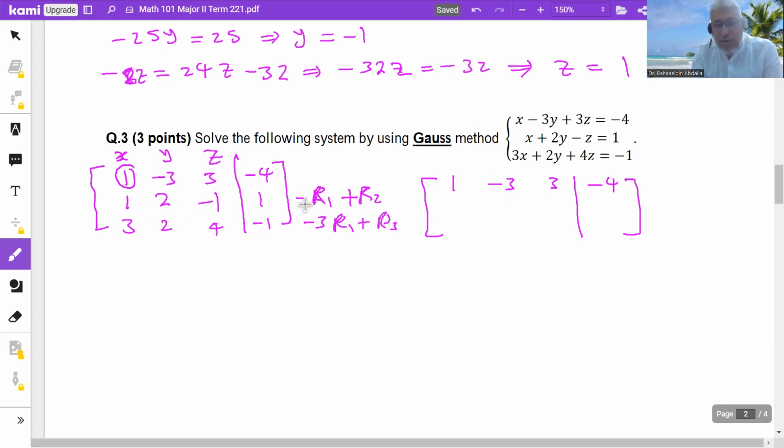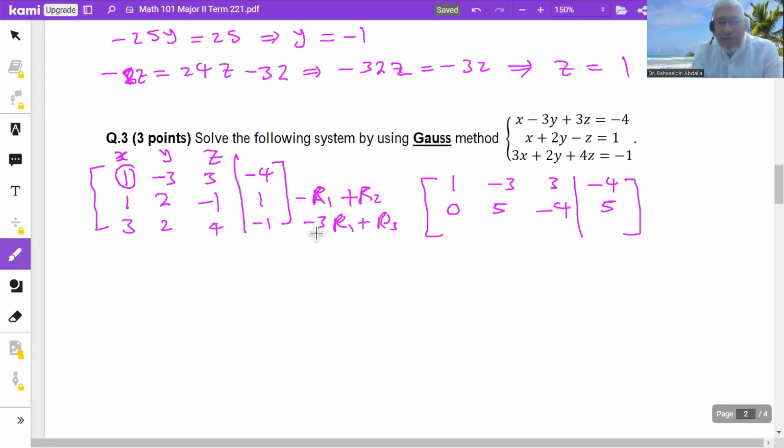This is 1, so when you multiply by -1, -1 times 1 is -1 plus 1, so you will get 0. -1 times -3, that's 3 plus 2 is 5. -1 times 3, that's -3 plus -1, that's -4. -1 times -4 is 4 plus 1, that's 5.